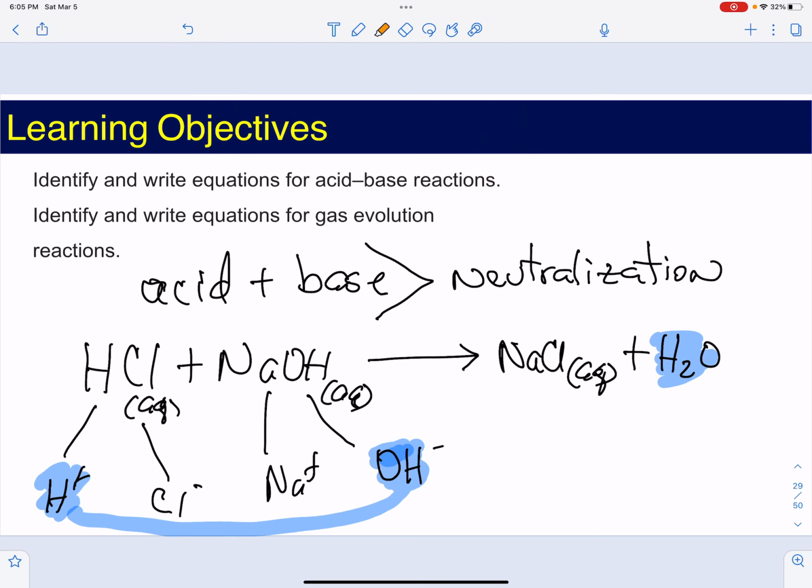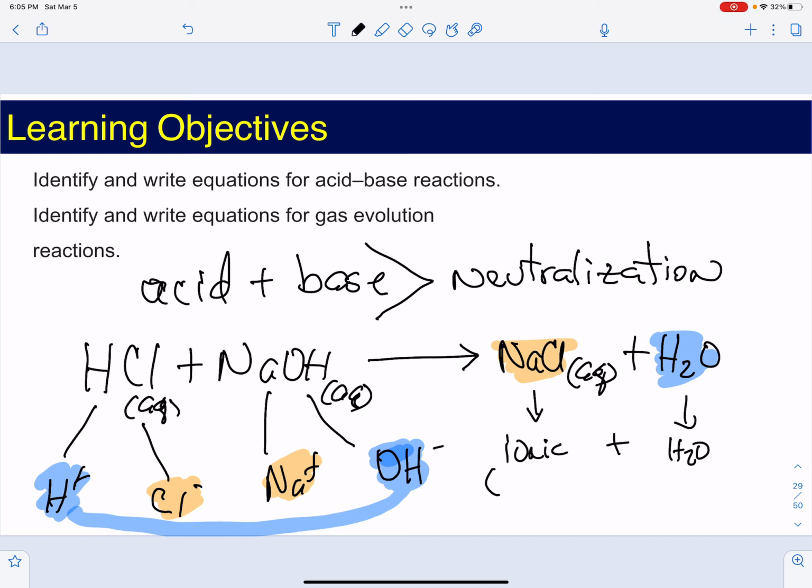Meanwhile, the negative Cl goes with the positive Na plus, and it gives you NaCl. So traditionally, neutralization reactions are going to give you an ionic compound and water. That's a typical neutralization reaction.